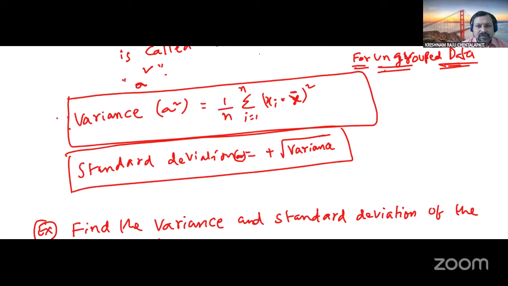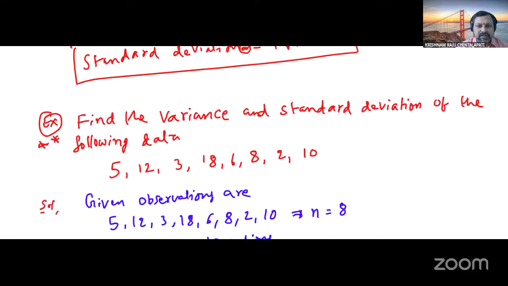So now I want the summation of xi minus x bar whole square. So add the third column. Add the third column.